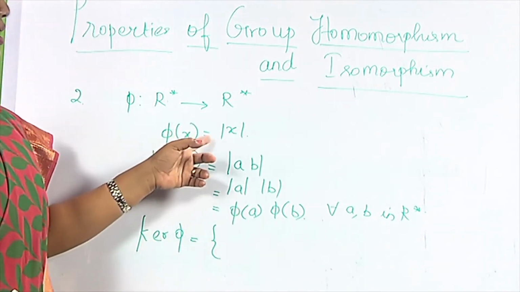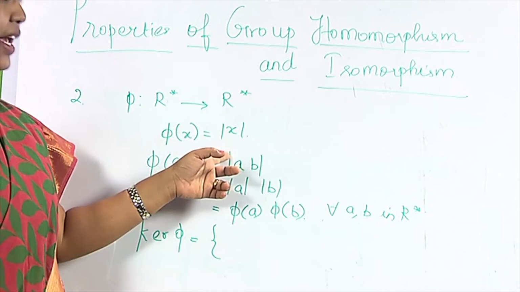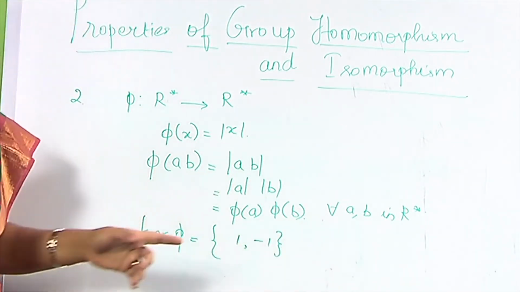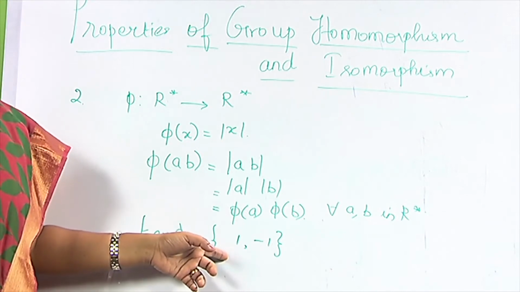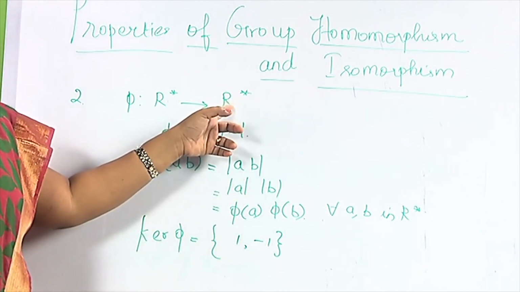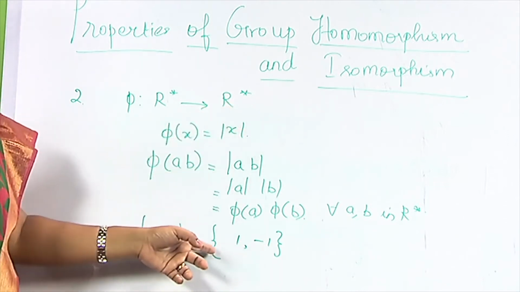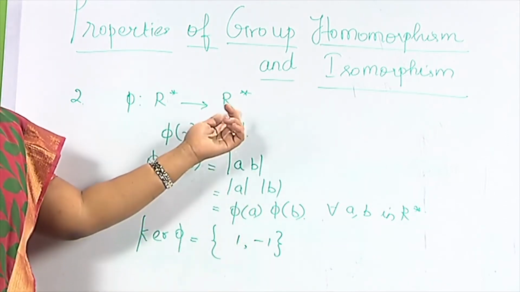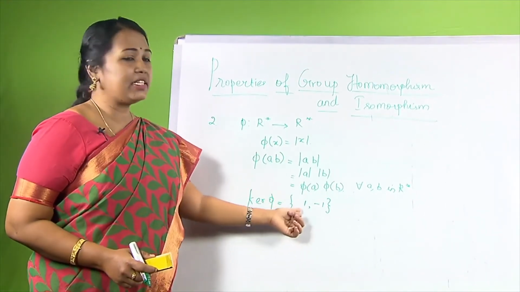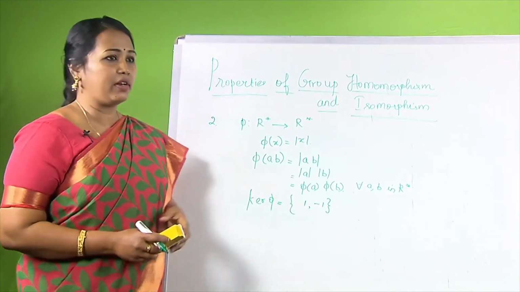Since the function is phi of x is equal to modulus x, clearly kernel phi is {1, minus 1}, since the identity element is 1, where 1 belongs to R star, the codomain. So, kernel phi is those elements which are mapped onto the multiplicative identity of R star, and therefore kernel phi is equal to {1, minus 1}.